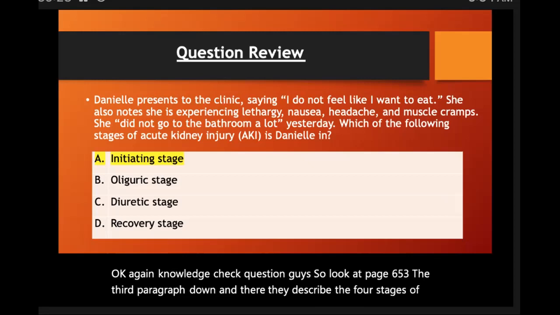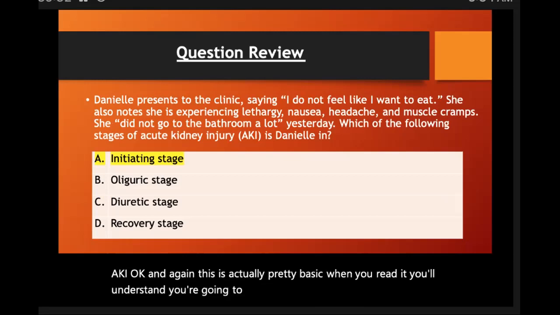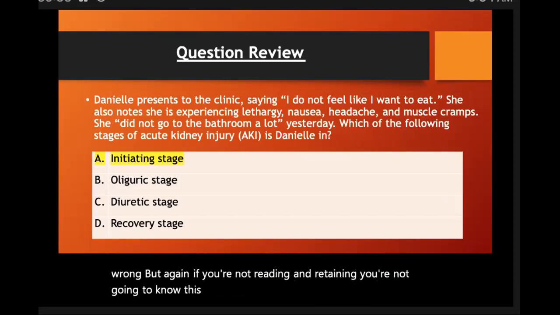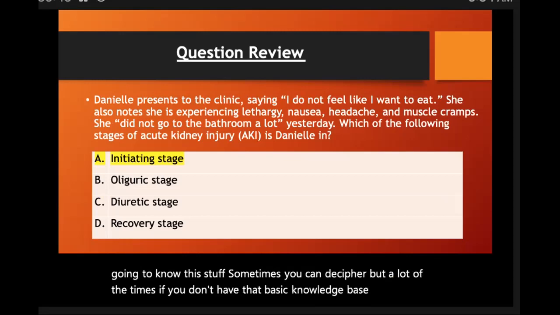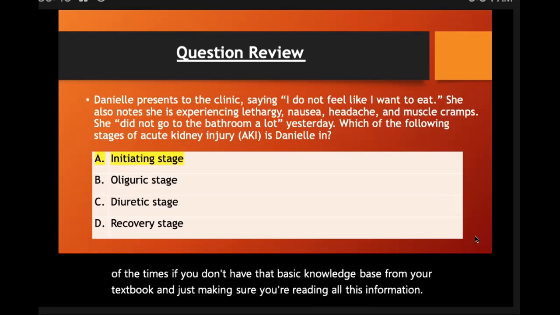This is actually pretty basic. When you read it, you'll understand, and you're going to be like, oh my God, how did I get this wrong? But if you're not reading and retaining, you're not going to know this stuff. Sometimes you can decipher, but a lot of the time, if you don't have that basic knowledge base from your textbook, it's going to be hard to answer these questions.